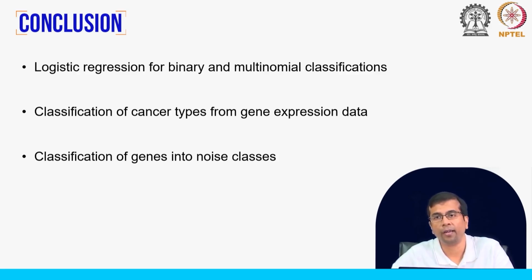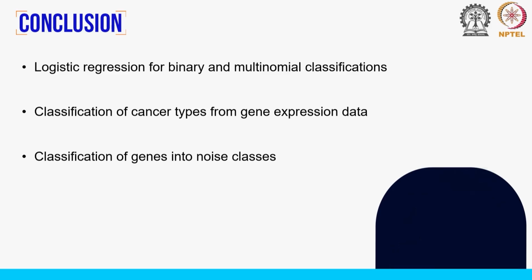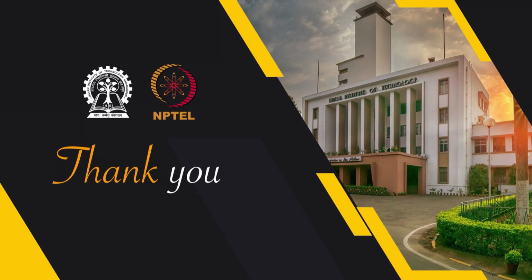That is a very powerful model, but as I told you, feature selection is a very important part there. We arrived at those 20 or 100 genes that give us the best model. The other hands-on that we will be doing in the next class is classification of genes into noise classes. Thank you.